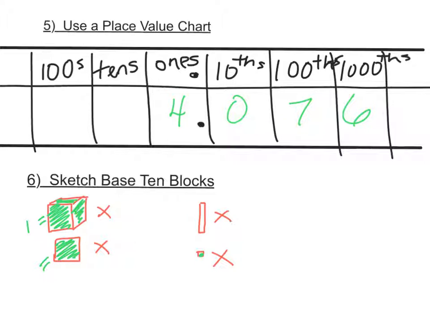A flat represents 1/10. A rod represents 1/100th, and our old unit, or our old 1, represents 1/1000th, because we're comparing this to the original large block.